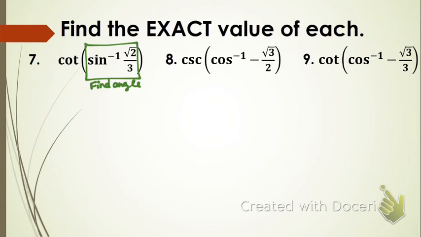Don't know where, which means I have to draw my triangle. Sine is what over what? Y over R. So I've got radical 2 here. I've got a 3 here. Once I find this, can I write cotangent for that triangle?